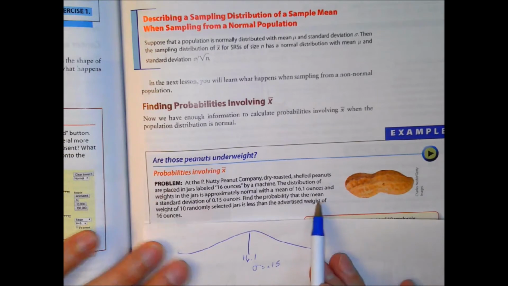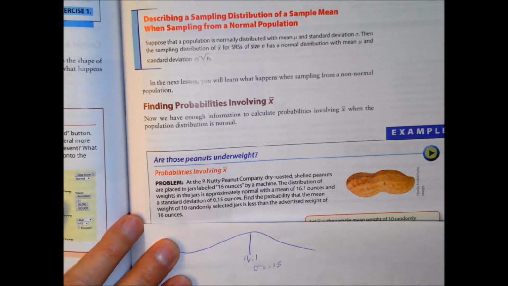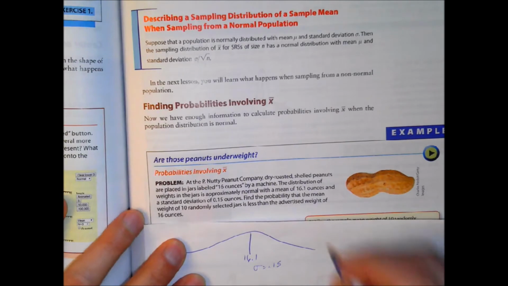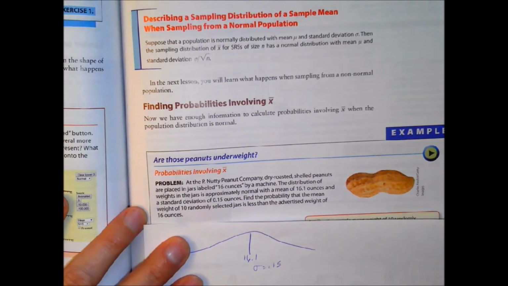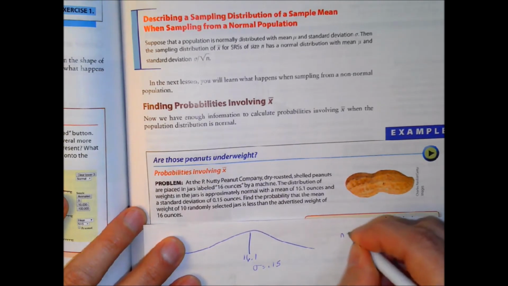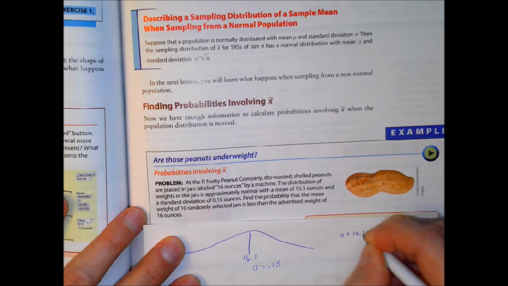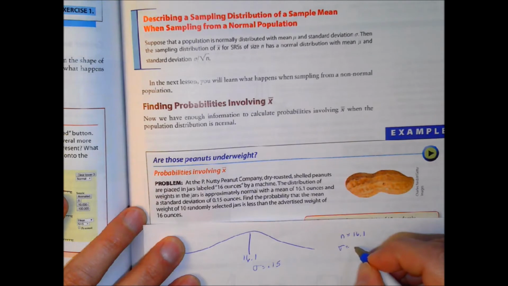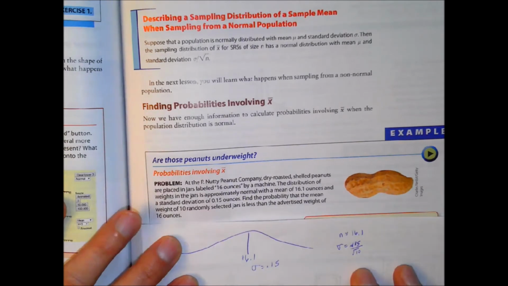We're going to find the probability that a mean weight of 10 randomly selected jars is less than the advertised weight of 16. Okay? So I'm taking a sample of 10 jars. In those 10 jars, I know my mean is still going to be 16.1, but my standard deviation is going to be 0.15 divided by the square root of 10, because the sampling distribution will make a smaller one, right?